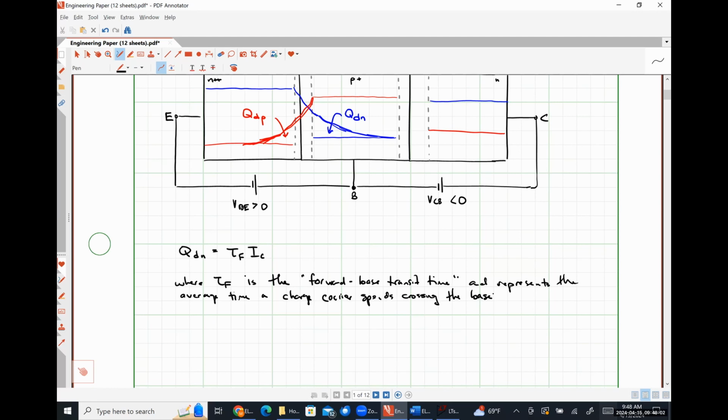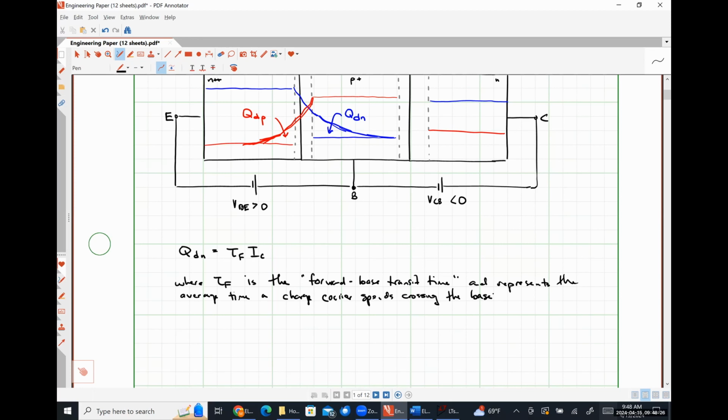Okay? So because the base is very small in width, the average amount of time it takes for a charge carrier to cross the base is incredibly small, typically on the order of 1 to 100 picoseconds, so 10 to the minus 12 to 10 to the minus 10 seconds. Okay, very, very, very small amount of time.